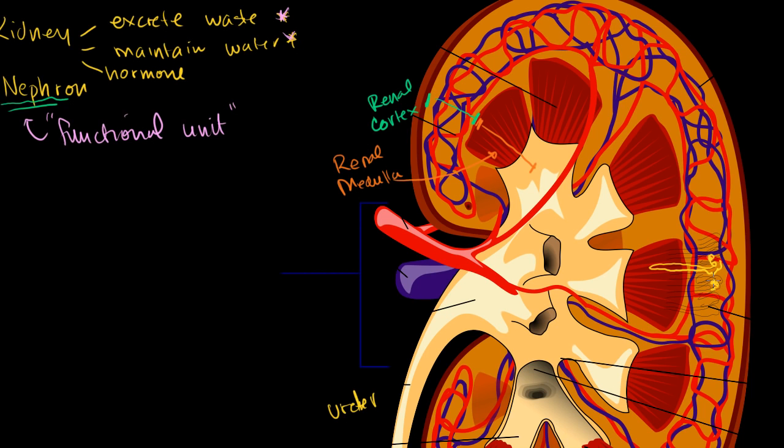This is where it starts, and then it dips down again. Multiple nephrons are going to keep doing that, but they're super thin. These tubes, or tubules, maybe I should say, are super thin. And your average kidney will contain on the order of 1 million nephrons.